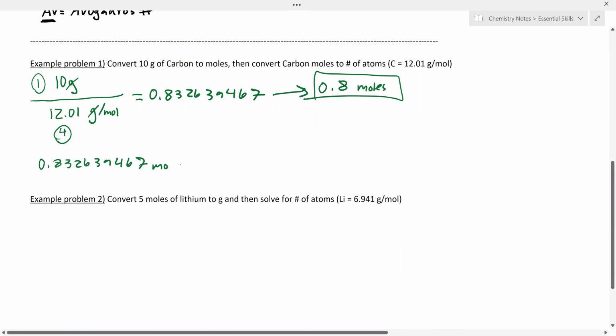Moles. Also, keep in mind, if you don't write moles here on a lab report, they'll mark you down for that. I didn't include it here just for ease of reading, but you do need to include that. It's important because it tells you what this number is.